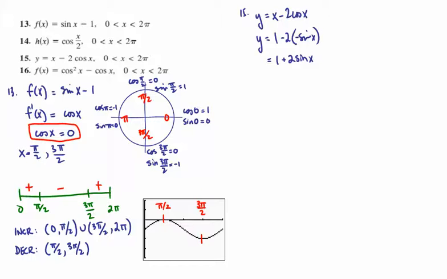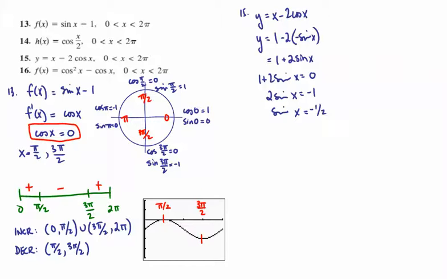Then we want to set that equal to 0, and 1 plus 2 sine of x is equal to 0 when 2 sine of x is equal to negative 1, or sine of x is equal to negative 1/2.